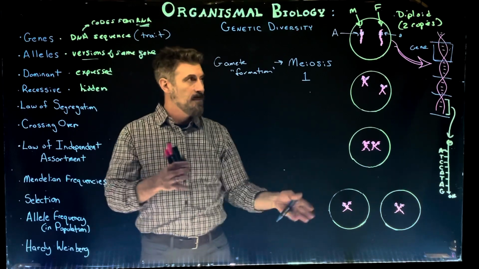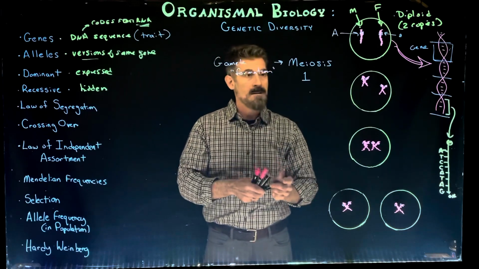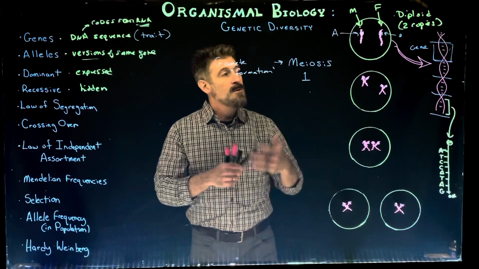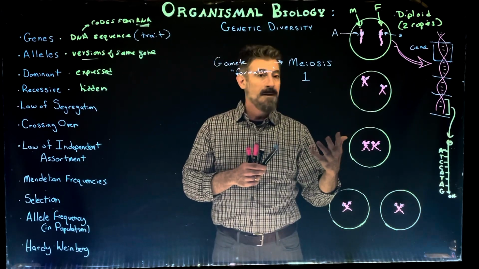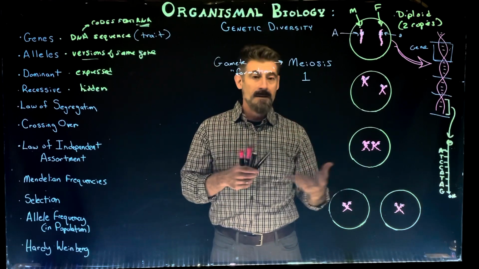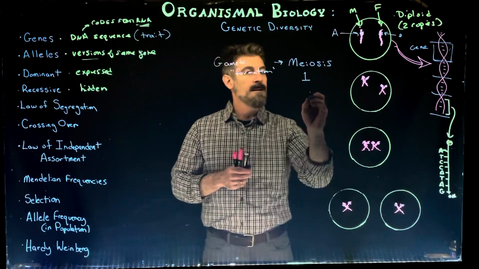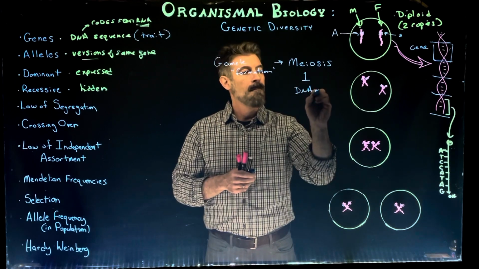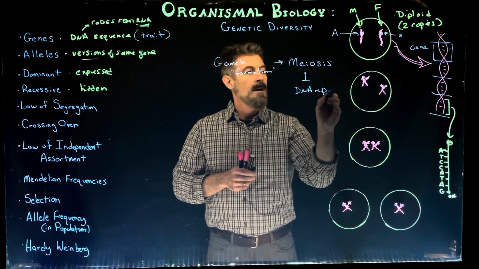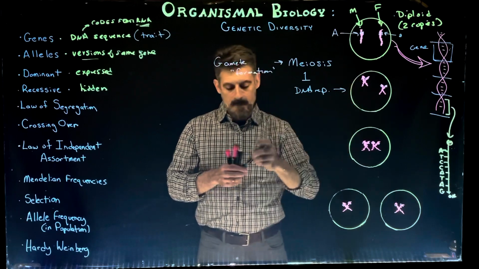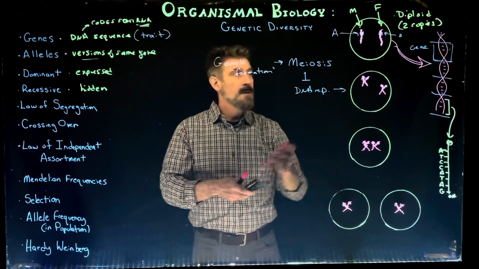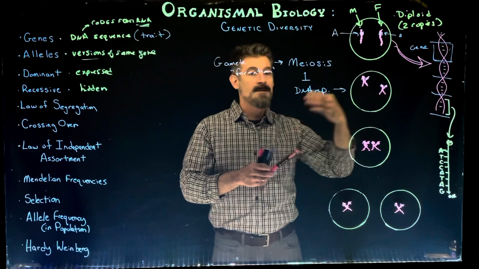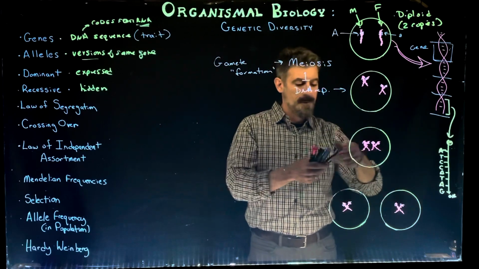That's not going to quite happen yet, but we're going to start the whole process. For meiosis to occur, first, if we're going to divide a cell, the DNA has to be replicated. So we get DNA replication, and that doubles the DNA.